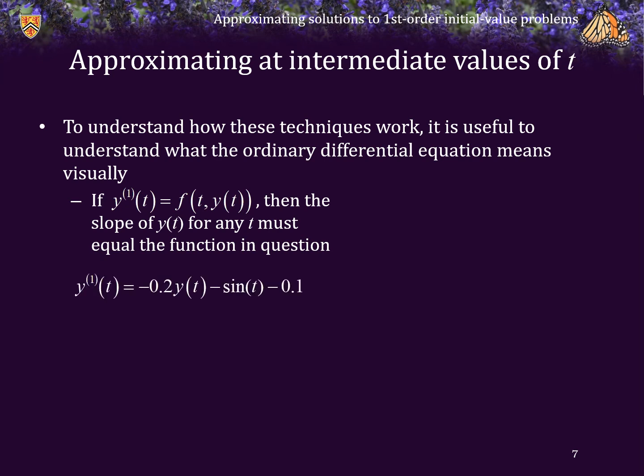So, for example, here is one such ordinary differential equation. The derivative is negative 0.2 times y minus sine of t minus 0.1. And the right-hand side is our function of both t and y.